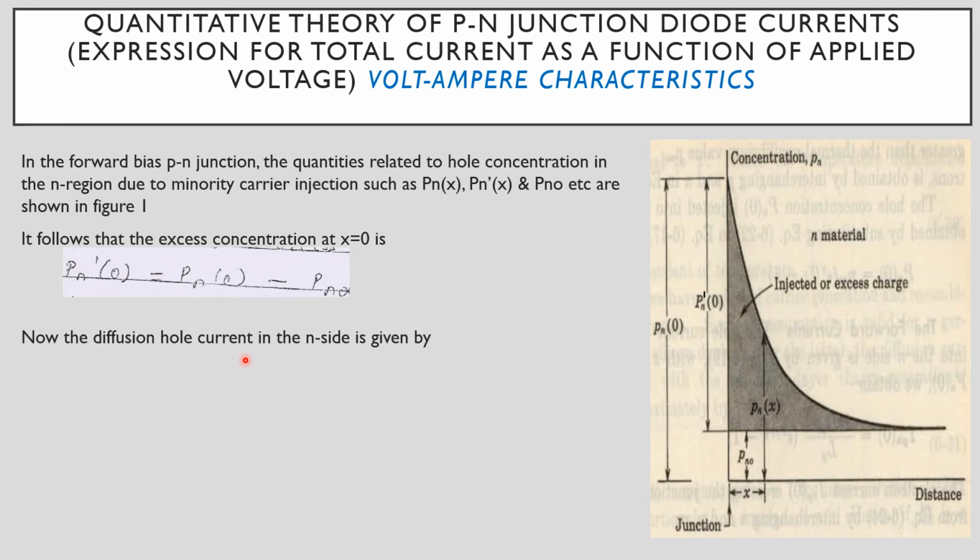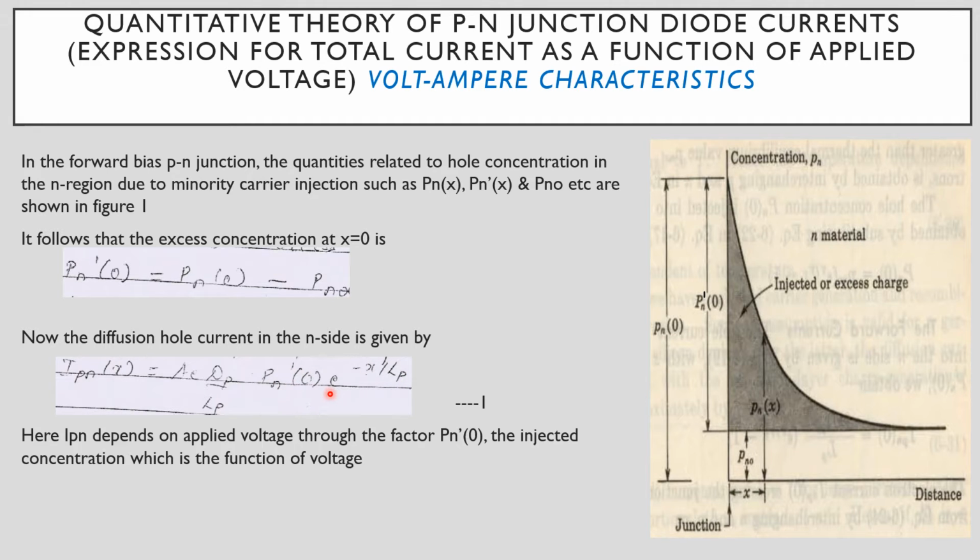Now the diffusion hole current in the N side is given by Ipn of x equal to A e Dp by Lp into Pn dash of 0 into e raised to minus x by Lp. This is the injected concentration. Equation 1. Here Ipn depends on the applied voltage through the factor Pn dash of 0, the injected concentration, which is a function of voltage.